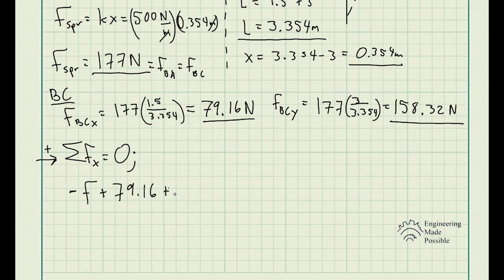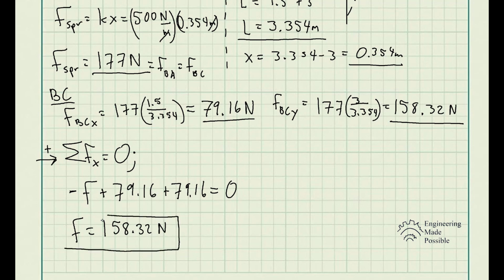And then the other cable, BA, is the same, 79.16, is equal to 0. So now solving for F, you could go ahead and add F to both sides and take it to the other side. Now our force F, finally, what we're trying to solve for, is 158.32 newtons. This is the force that is needed so that, in our problem statement, D was given as 1.5 meters.